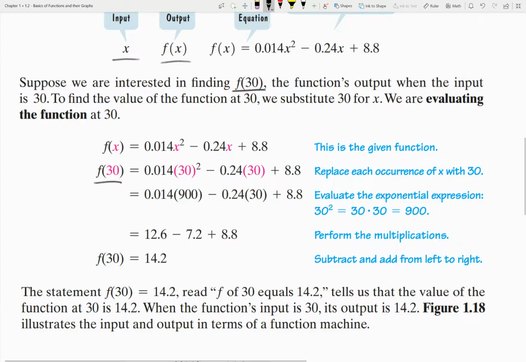That's just telling you what you're inputting. However, on the right, we're going to do the arithmetic. We're going to square 30, multiply it by 0.014, and then add all those numbers together, and we get that f of 30 is equal to 14.2. And that tells you that the value of the function at 30 is 14.2.